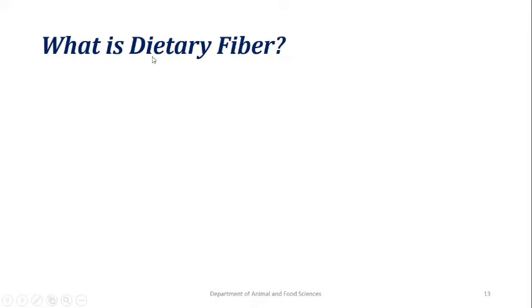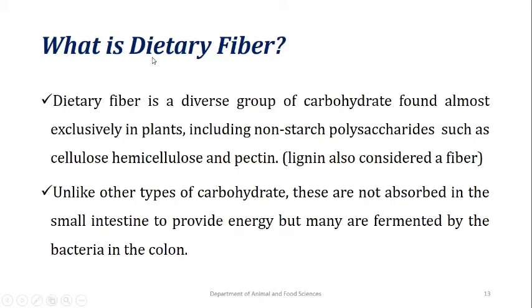Okay, then dietary fiber is a diverse group of carbohydrate. We usually elaborate dietary fiber as this, found almost exclusively in plants, including non-starch polysaccharides such as cellulose, hemicellulose, and pectin.